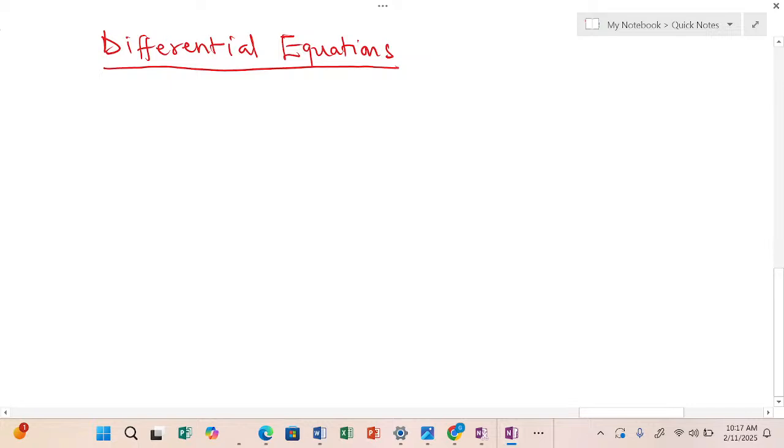So, differential equations. We understand that a differential equation is an equation that involves one or more derivatives of an unknown function.